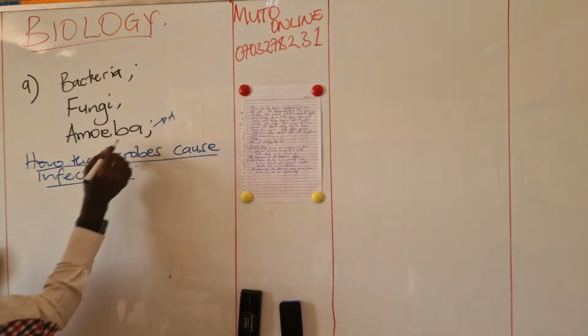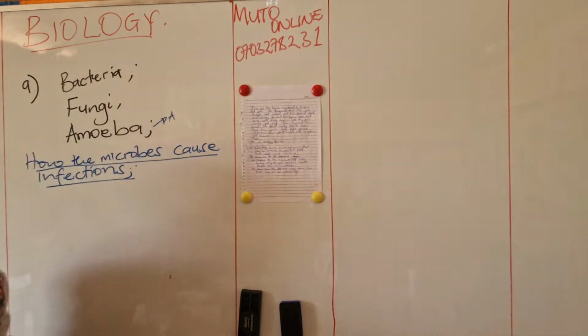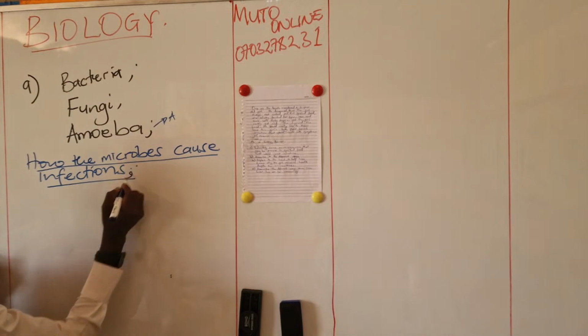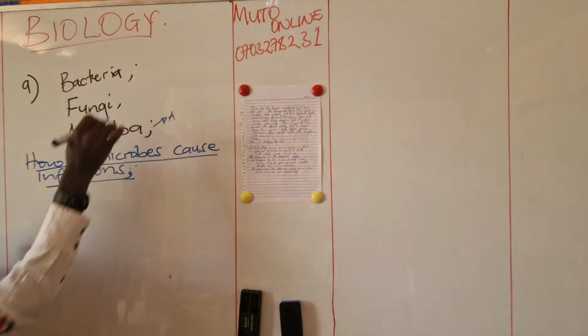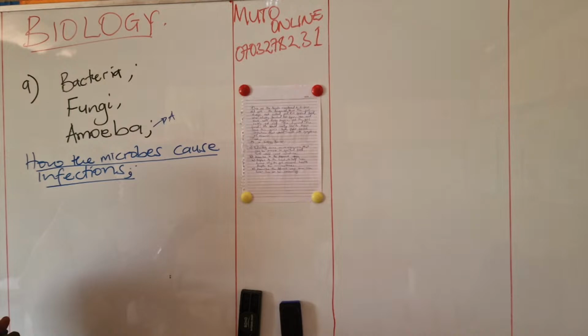So once these microorganisms are in the body, they usually feed, and mostly on the food we eat or on the parts of the body. Whenever they feed, since they are all living organisms, they always excrete.